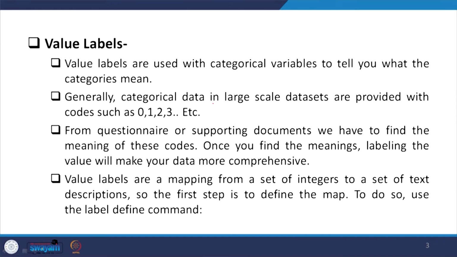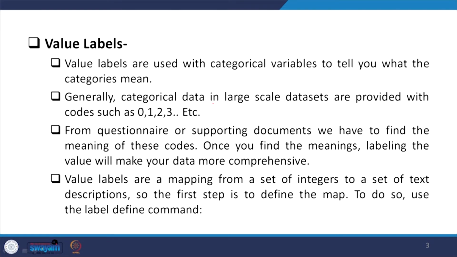From the questionnaire or supporting documents, we have to find the meaning of these codes. These are clearly given in our questionnaire, or there are supporting documents we have already guided you on earlier. Also, at the time of extracting, today or in another lecture, we will guide you clearly.